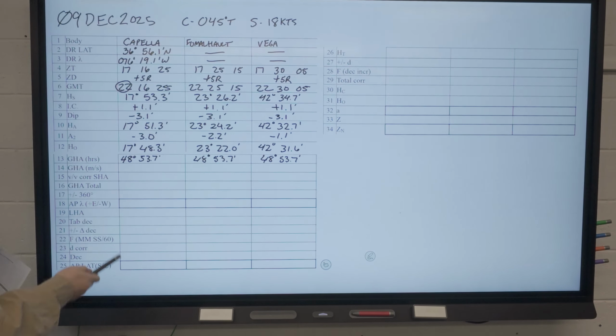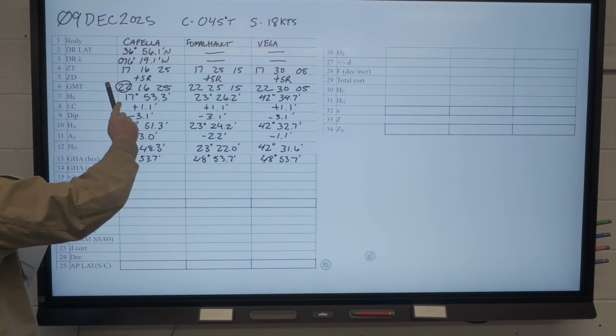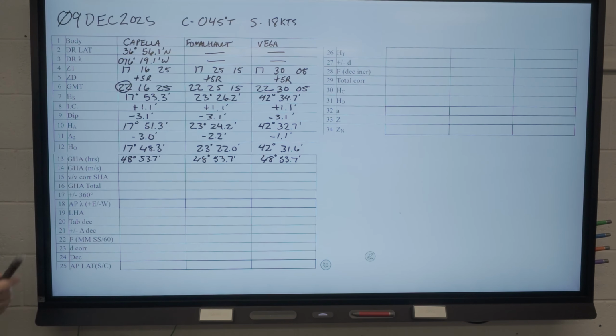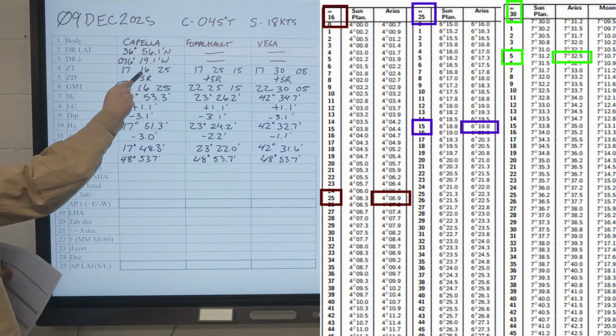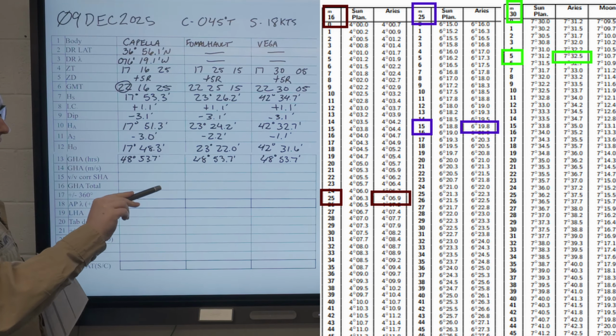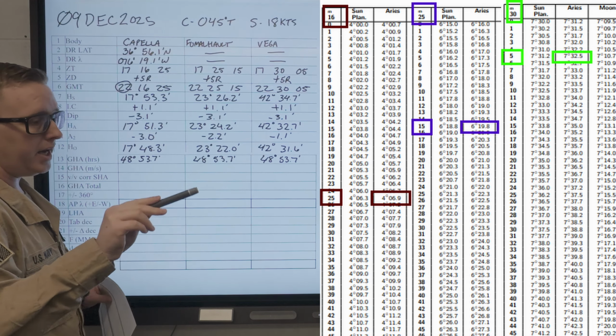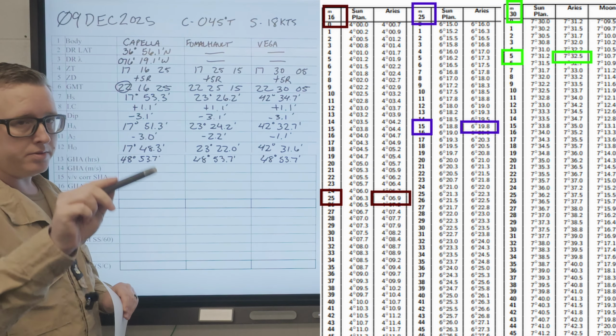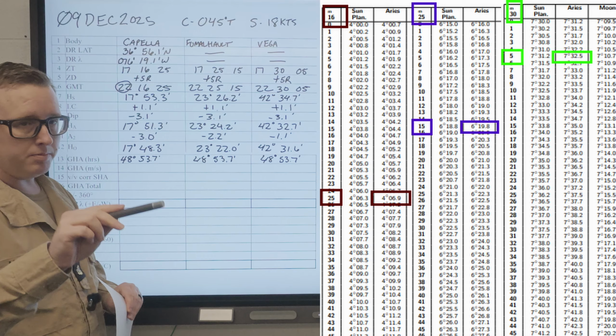Now the minutes are going to be a little bit different because we have 16:25 here, 25:15, 30:05, and so on. So we go back into the increments and corrections page, find the minutes table for 16, and we're going to go down until we see 25. Make sure you're getting Aries, not the sun. Sun is the first one. Right next to it is Aries. Aries would be the second column.